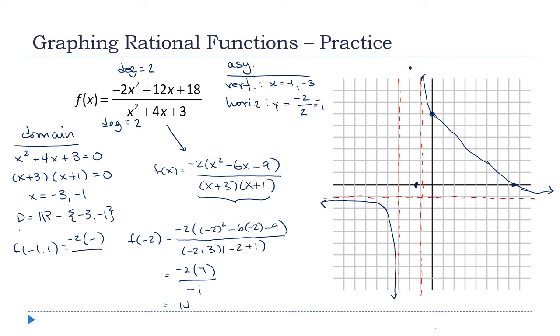If I put -1.1 in here, -1.1 plus 3 is positive, and -1.1 plus 1 is negative. Okay, so this whole thing here is a negative number, which means I don't know exactly where that point is, but I know it's below the y-axis, right? It's down here somewhere, right? So now I know what my function is going to look like. It's going to come down here, it's going to drop through here, and then it's going to cut through here.